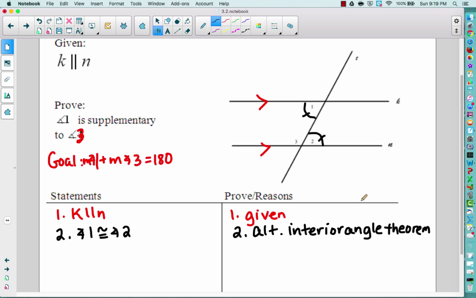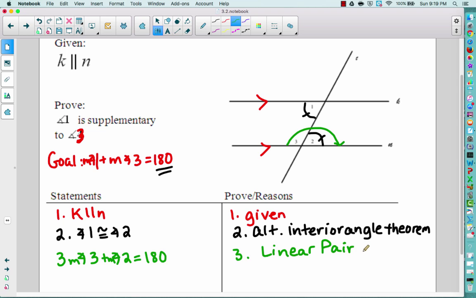Okay, but I somehow need to get 180 into this mix because that's where my goal has to get me, to 180. So hopefully you're seeing that 3 and 2 form a linear pair. So I'm going to say that the measure of angle 3 plus the measure of angle 2 equals 180 degrees, and that's the linear pair postulate.